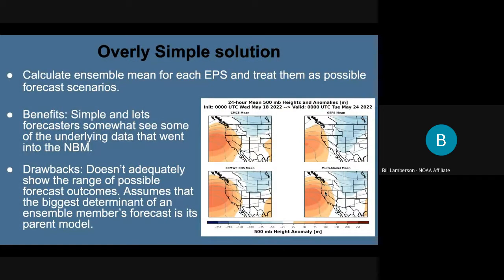An overly simple solution would be to calculate the ensemble mean for each EPS and treat it as the possible forecast scenarios, which is what has traditionally been done in operations in the past. The benefits of this are that it's simple and lets forecasters somewhat see some of the underlying data that went into the NBM, but the drawbacks are it doesn't adequately show the range of possible forecast outcomes, and it assumes that the biggest determinant of an ensemble member's forecast is its parent model, which is not a valid assumption.